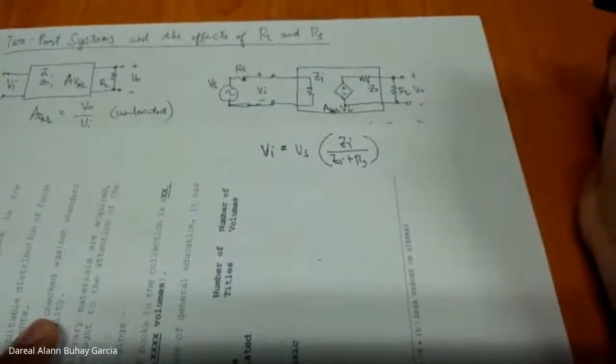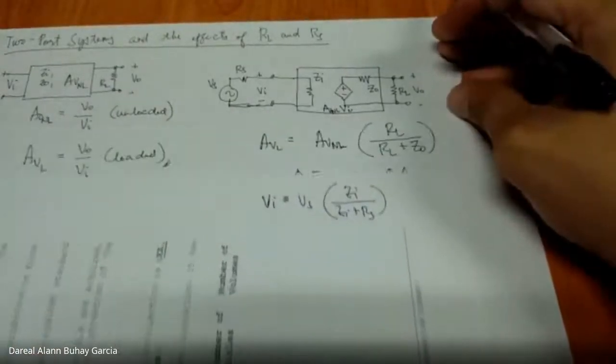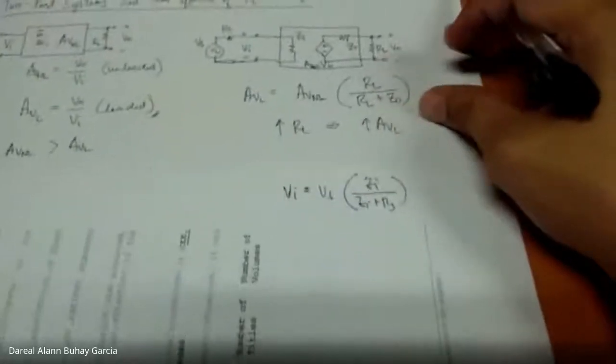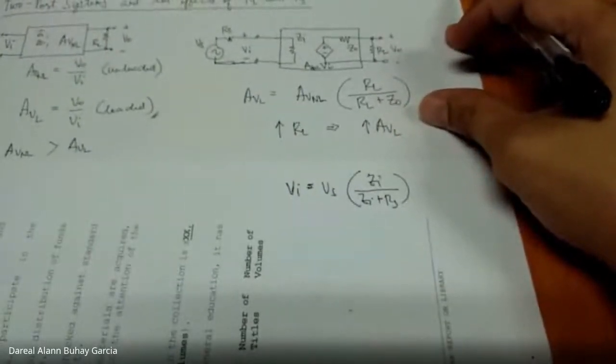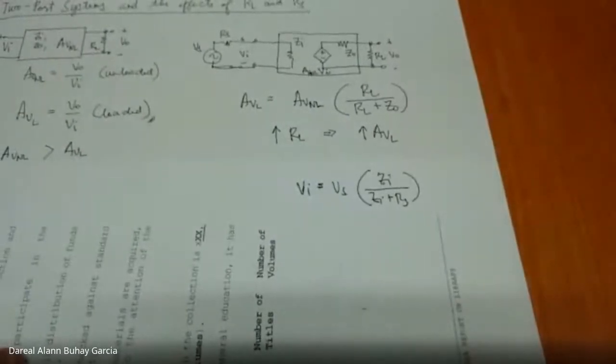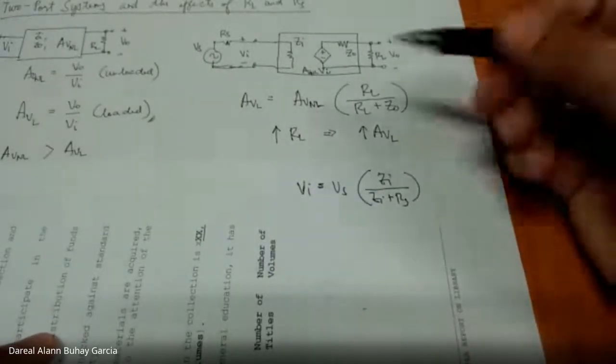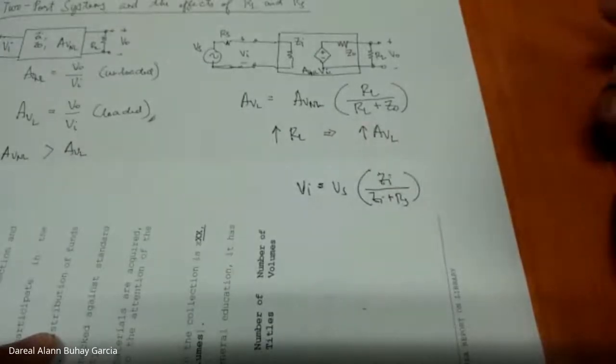I think that's correct. So how do we get AVS?